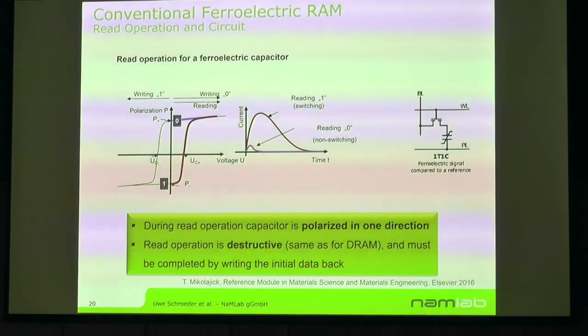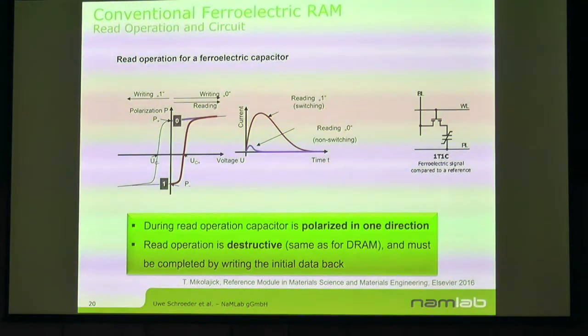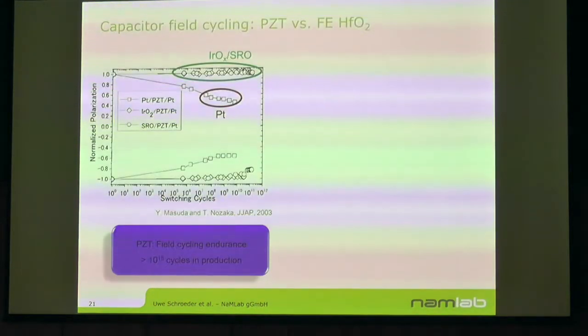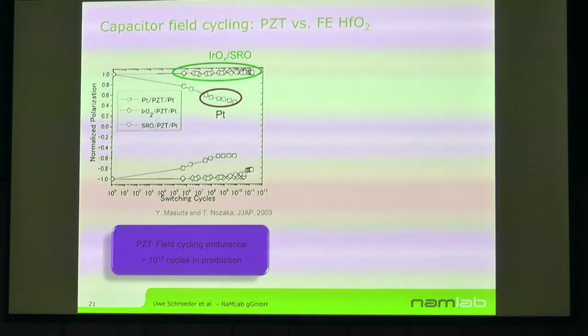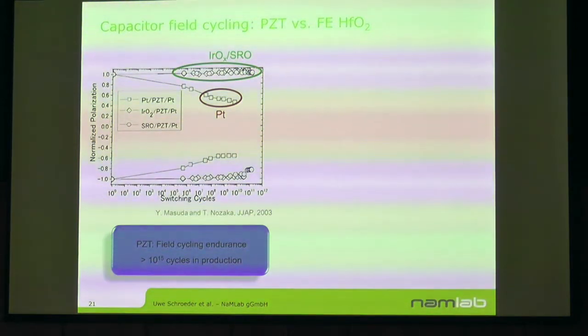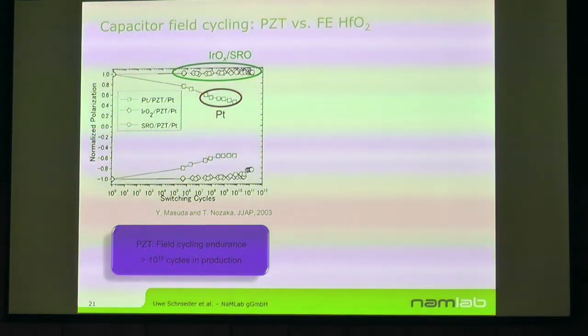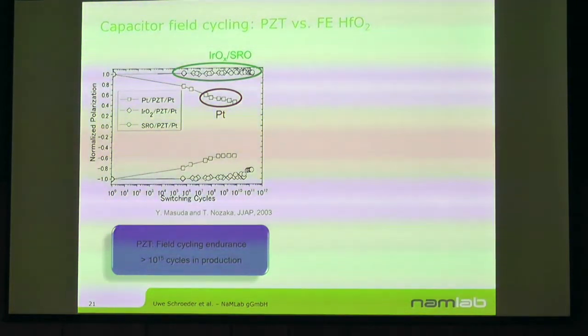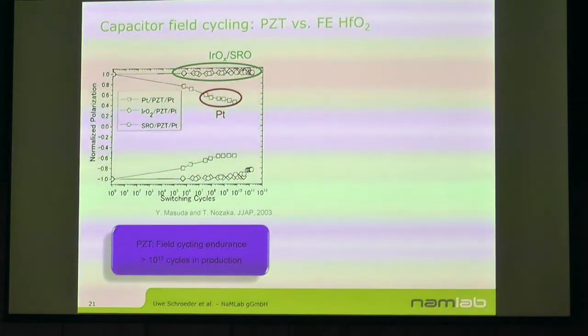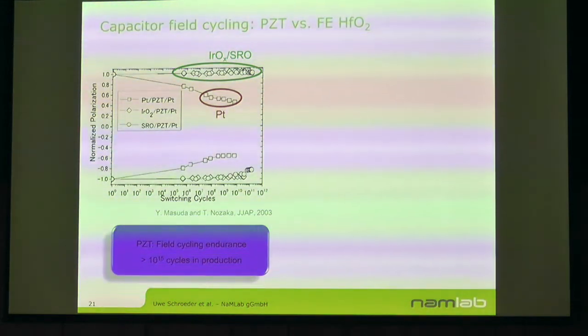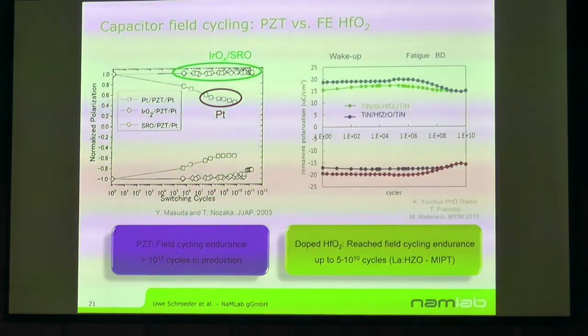What industry is looking for is 10^15 cycles without any major degradation. In the PZT case, in the beginning when platinum electrodes were used, this wasn't the case, but once the oxide electrodes were introduced, you can now buy devices that reach 10^15 cycles before you see a degradation.